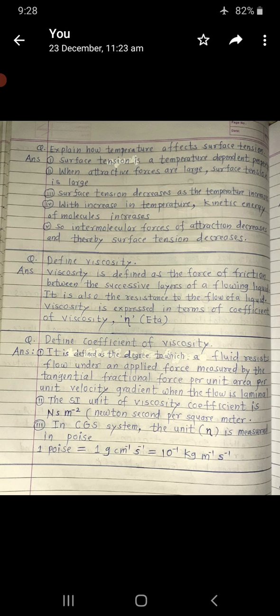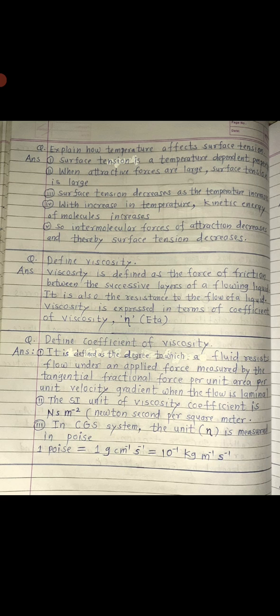And the SI unit of viscosity coefficient is Newton second per meter square.